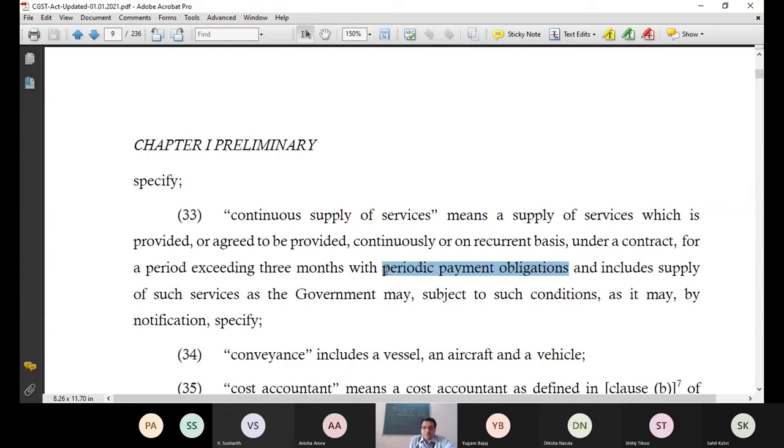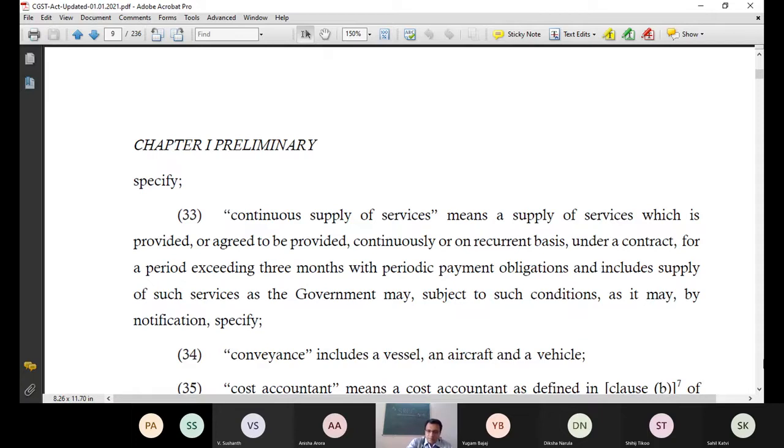And the contract must be of a period exceeding 3 months. If it is less than 3 months, then we cannot call it continuous supply. And in this case also, any supply of service which government thinks fit later on, they can notify that supply also as a supply of service which has to be treated as continuous supply of services.